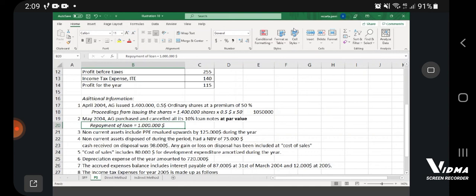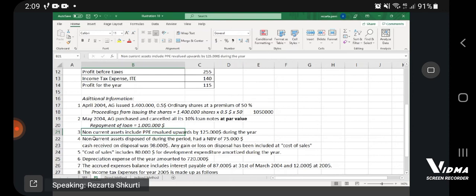So every time we read an information, we can make all the calculations necessary right in this moment, so it will be easier later. Another information is the non-current assets include revaluations upward, so that's a surplus or revaluation in upward tendency of property, plant, and equipment by $125,000 during the year.